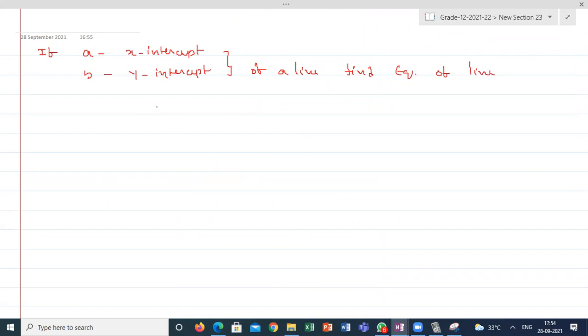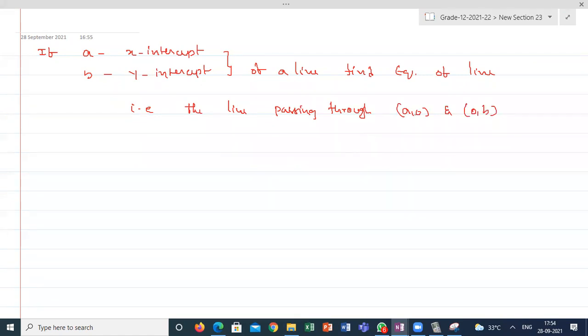It's very simple. If I'm giving the x-intercept and y-intercept, it means the line is passing through (A, 0) and (0, B).